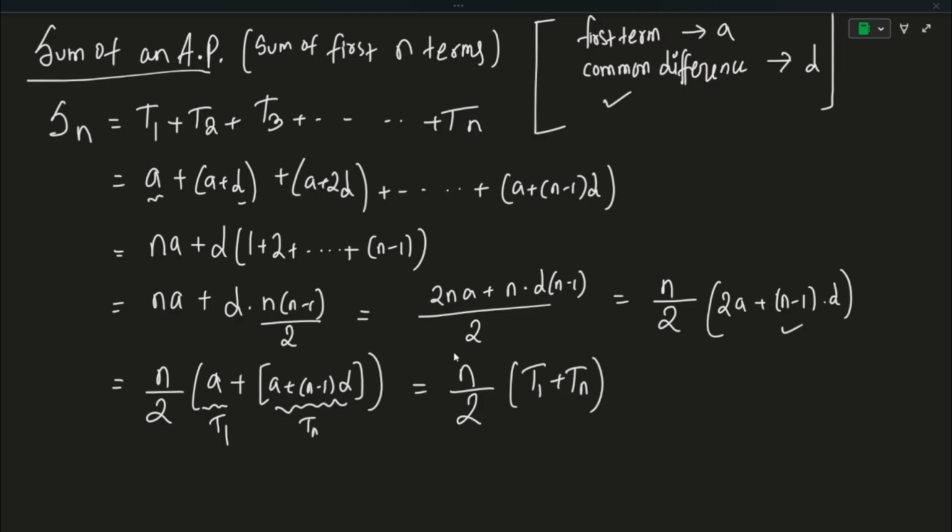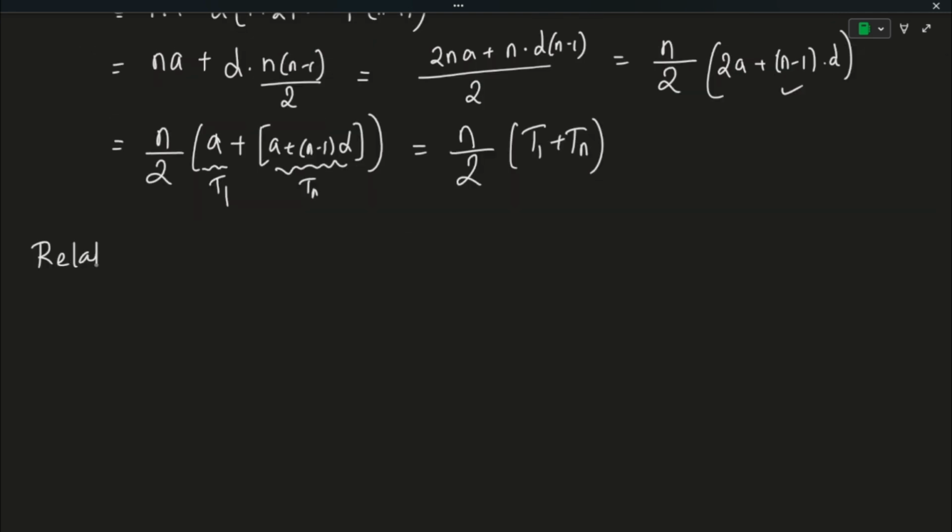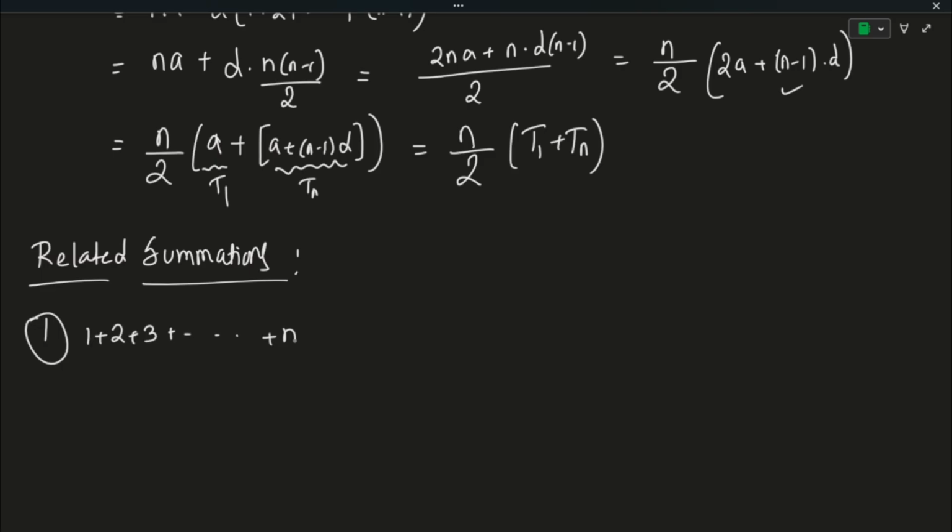So it's very important. तो इसके बाद कुछ रिलेटेड समेशंस देखते हैं, which we will need to know in order to understand and solve problems. तो तीन समेशंस हैं, वो आपको पता होने चाहिए. 1 + 2 + 3 ऐसे करके अगर मैं n तक जाऊं, this is going to be n × (n + 1)/2.